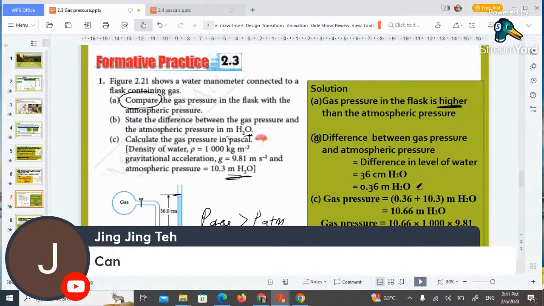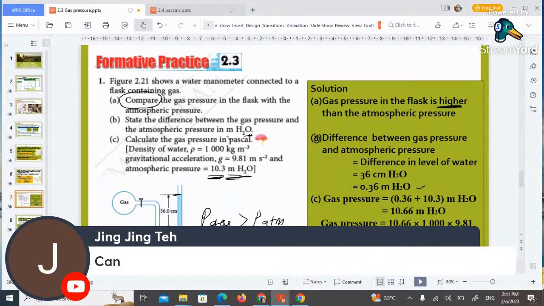It means gas pressure is 0.36 meter water greater than atmospheric pressure. So gas pressure equals 0.36 plus atmospheric pressure 10.3 meter of water, so 10.66 meter of water.